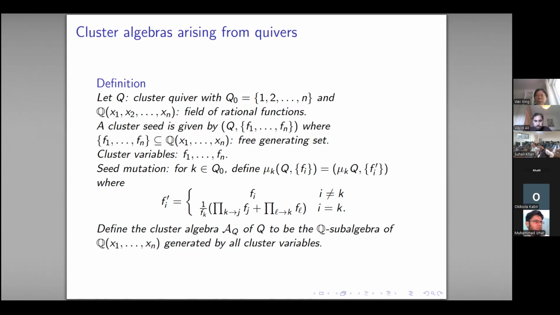So you collect all the Fi's in which there's an incoming arrow to your k, or an outgoing arrow from your k. You take these two monomials, take the summation, and divide by Fk. And this is your new Fk prime.